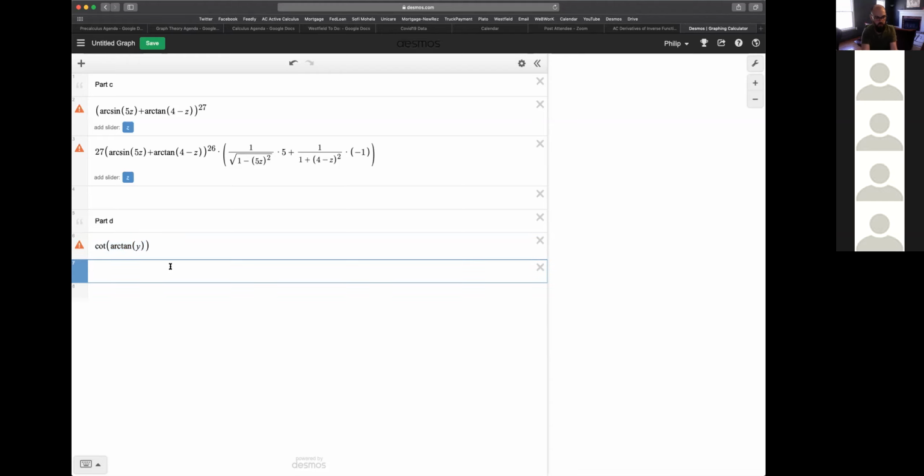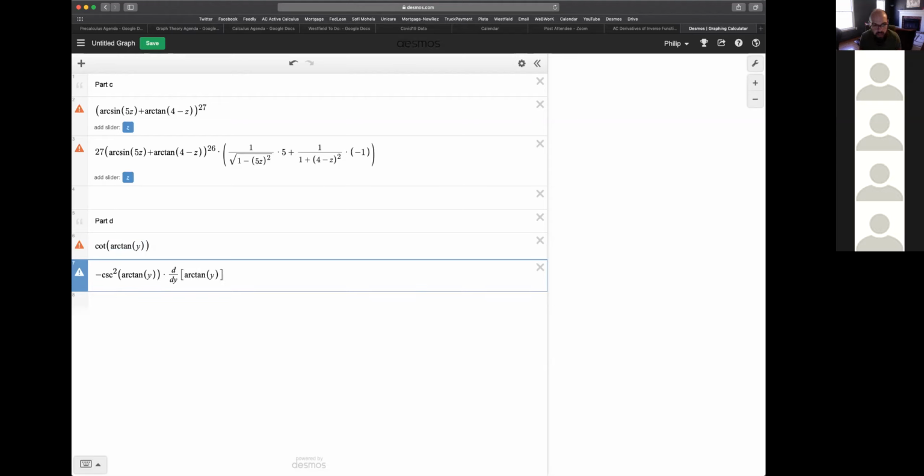Yep, so something like this, Bella. You've got your outside function, negative cosecant squared, that's the derivative of cotangent. And this is going to have to go in here, and we're going to end up multiplying by the derivative of our inside function.